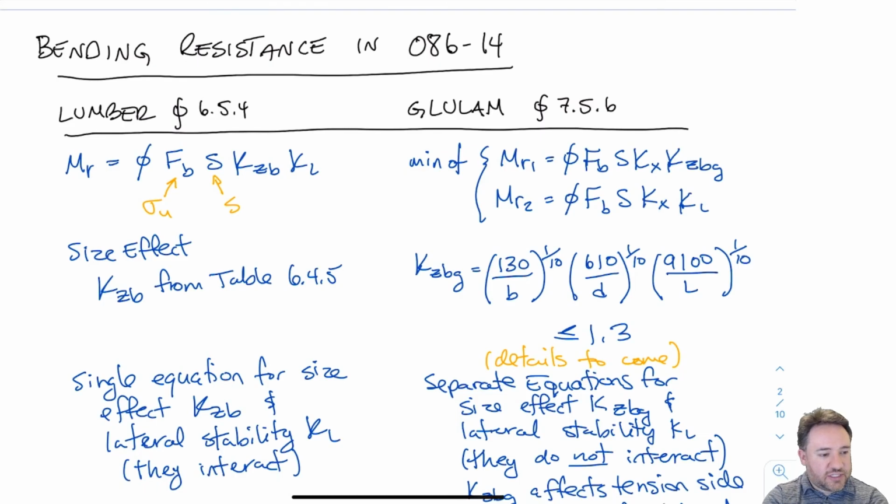The section modulus is just I over Y, as we talked about. For rectangular sections, that's BH squared over 6, which we'll see in the example, and FB is our strength. So now we have everything that we need to know to calculate bending resistance for beams. And in the next video, we're going to have an example after we talk about deflection criteria for beams.